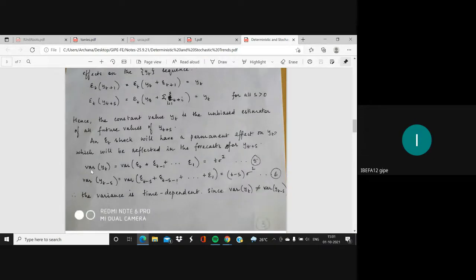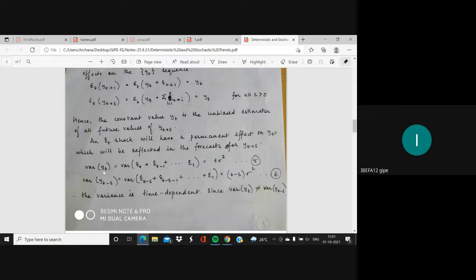So if you're trying to predict future values of yt, the current value of yt is the unbiased estimator of all future values yt plus s. Now an et shock will have a permanent effect on yt, which will be reflected in the forecast for yt plus s. So how will it be reflected in the forecast?